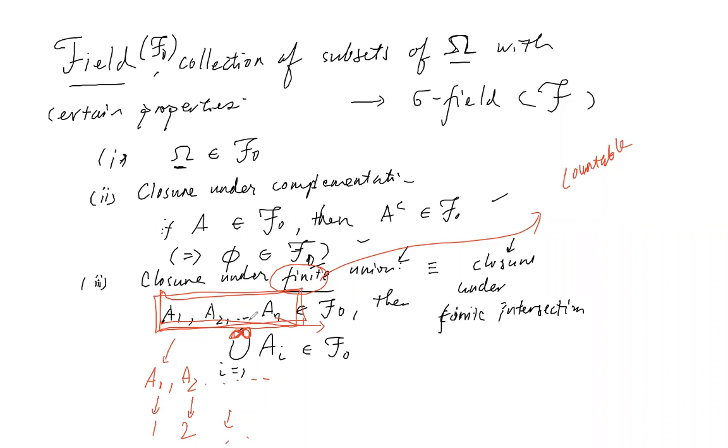Now the extension of the field to sigma field is important because if you only stop at the field, there are some things that are important in probability that you cannot discuss, because they won't fall inside the field that you are interested in.